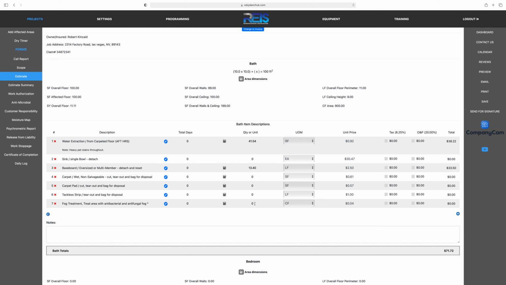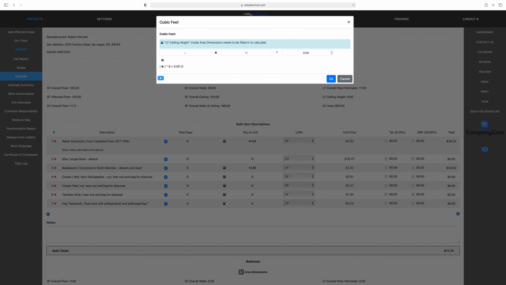Again, you could type it in here manually if you happen to know it, or click on the calculator. Now this is a little bit more unique because it's cubic feet. These are your area dimensions; it says it right under this drop down. We already filled in the linear foot ceiling height as 9 foot.